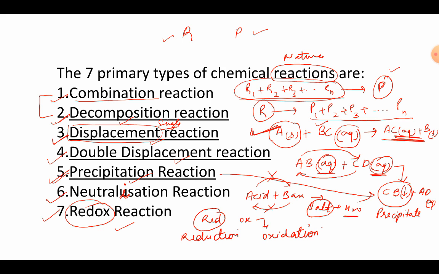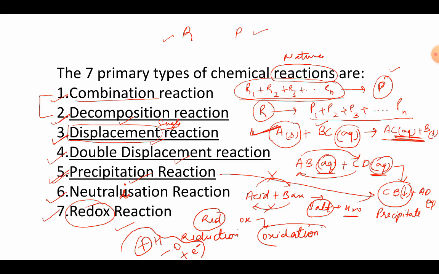Whenever in any substance there is gain of hydrogen, or there is loss of oxygen, or there is gain of electron. So if any of the three things is happening, gain of hydrogen, loss of oxygen or gain of electron, we call it reduction.